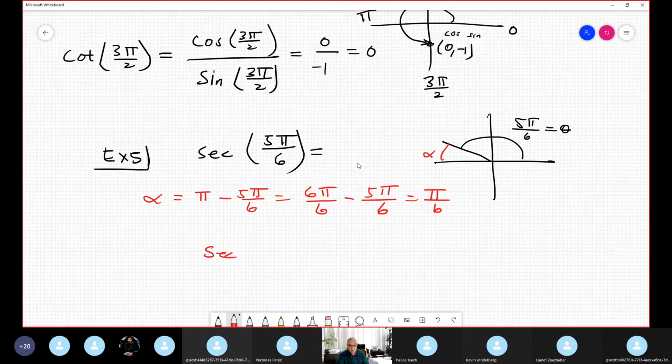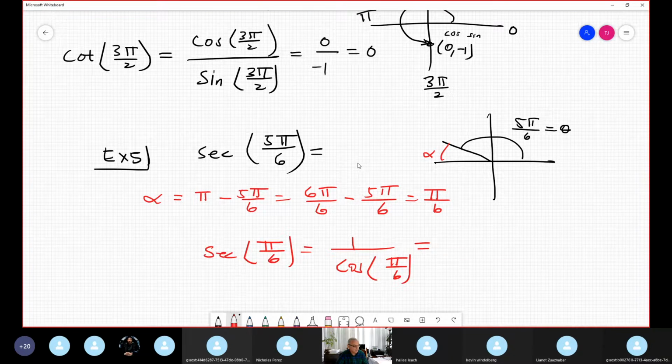So secant pi over 6, because secant is the reciprocal of cosine. And cosine pi over 6 is radical 3 over 2, right? Yeah. It's radical 3 over 2.